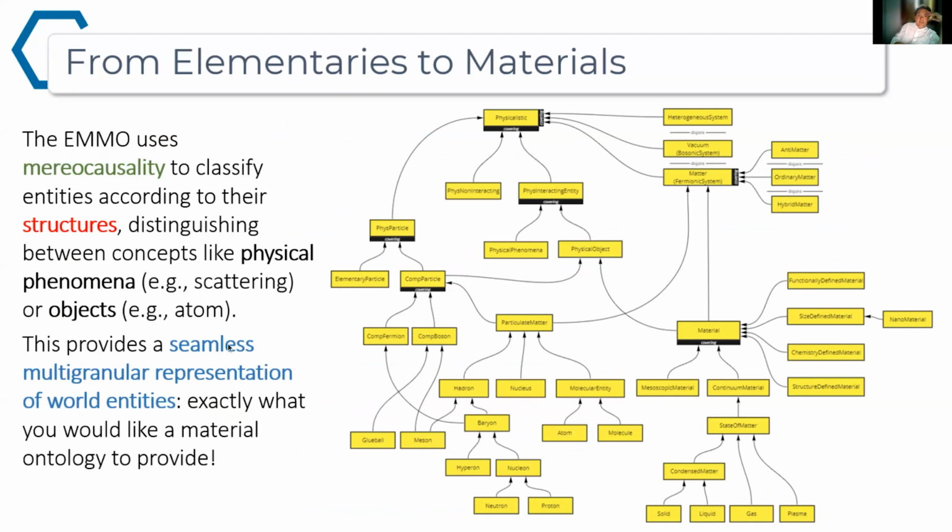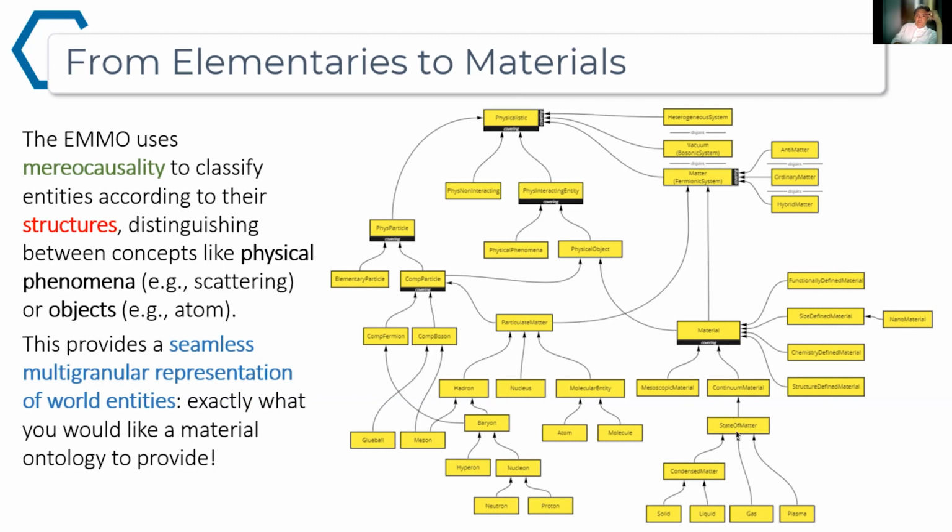So in fact, we built upon this standard model of particles foundation a material taxonomy in which, starting from elementary particles, we go up to the physical particle, particulate matter, up to the molecular entity, and then up to the material, including mesoscopic and continuum material, and also the possibility to categorize material using particular characteristics like a function or domain or structure and whatever.